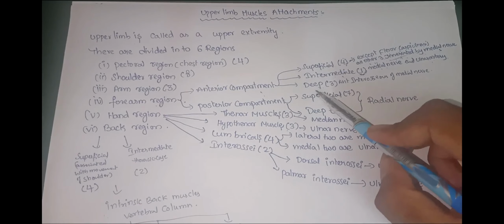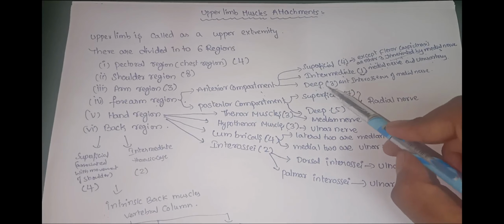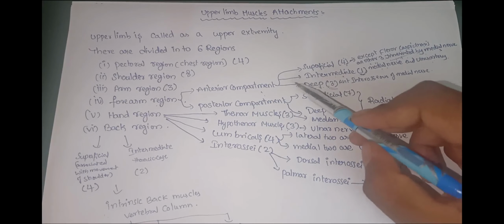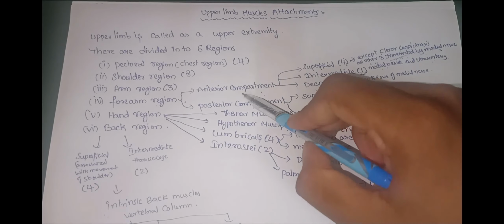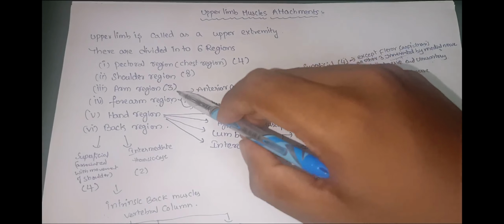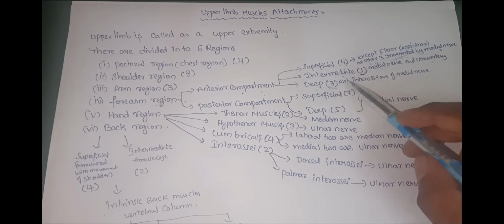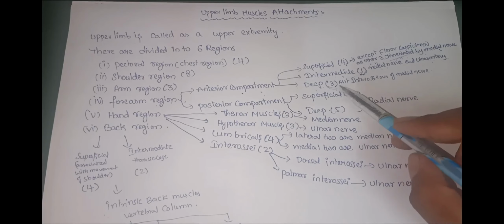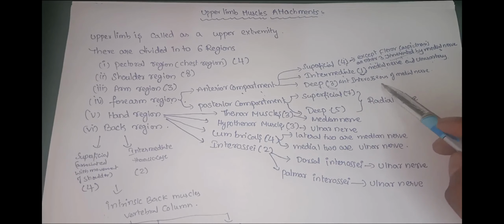How many muscles are present? There are 3 muscles, and they are innervated by the anterior interosseous branch of the median nerve.